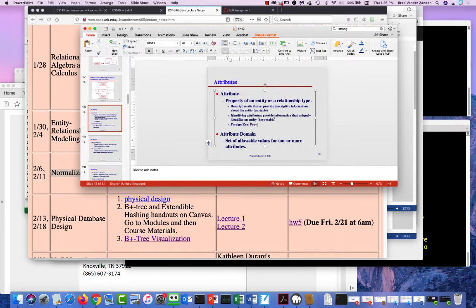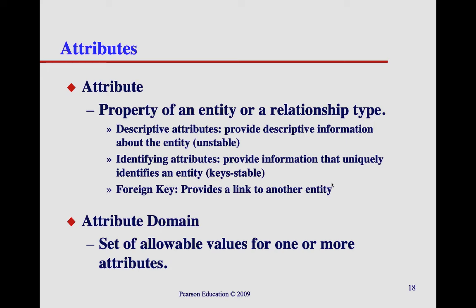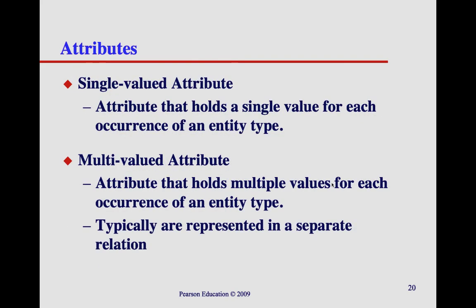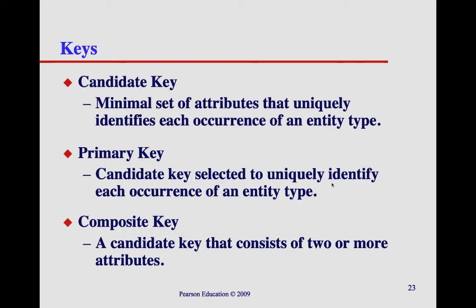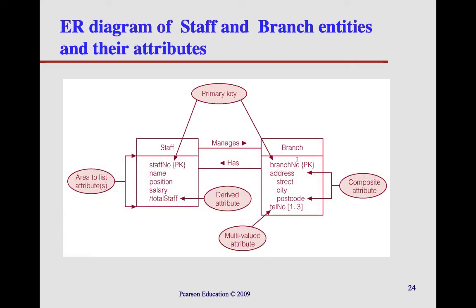Okay, provides a link to another entity. So I might have said that a third type of attribute is a foreign key, then that type of attribute does not actually show up in the ER diagram because that is represented as a relationship. So foreign key attributes would not be shown. You'd only see descriptive attributes and identifying attributes.